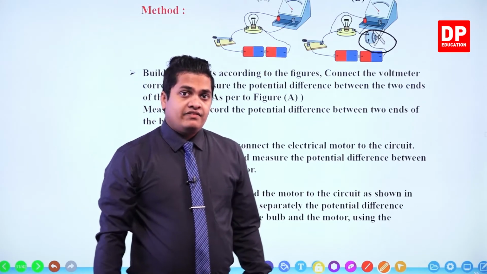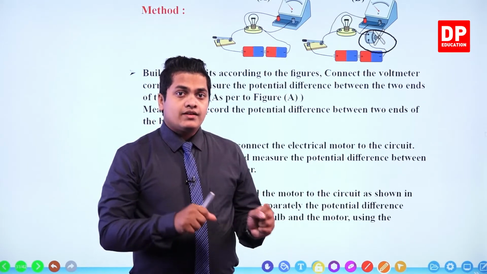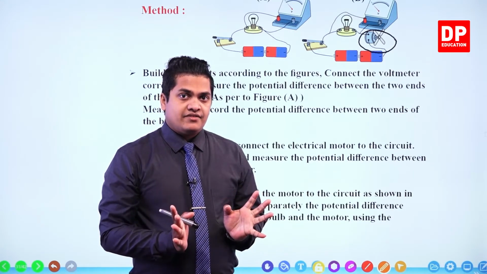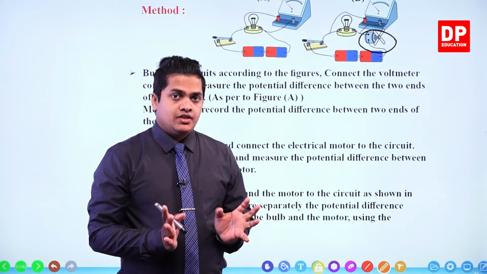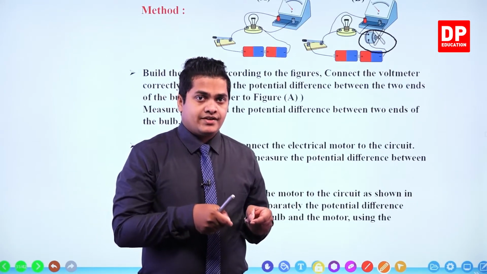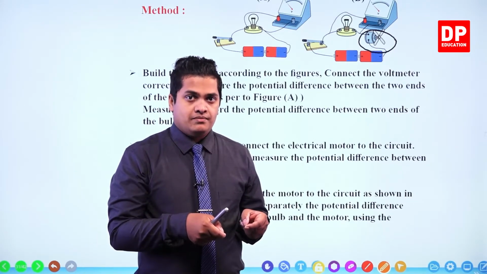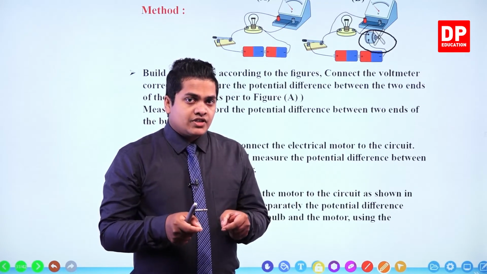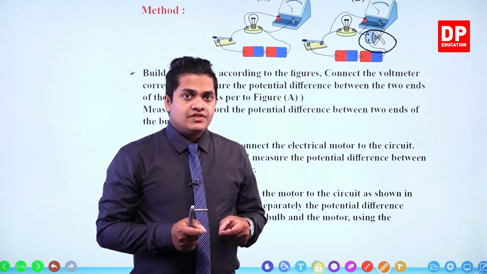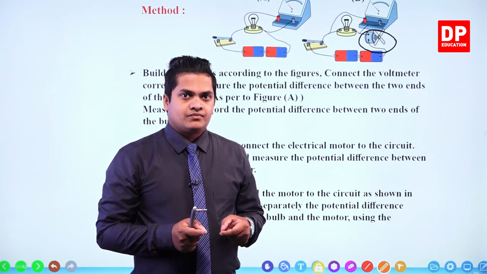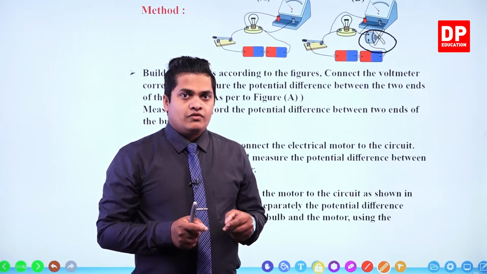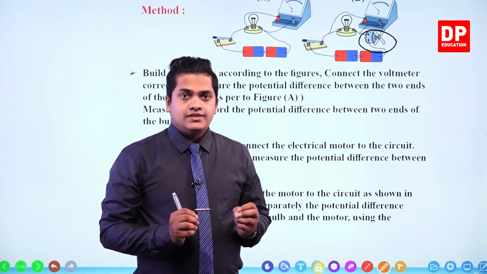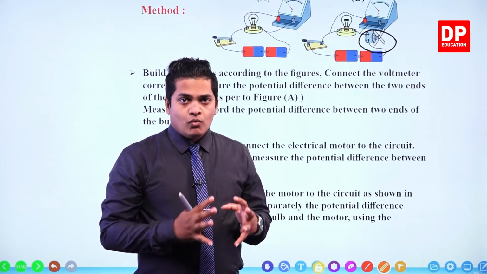So that way we can get several readings. First of all we can measure the potential difference of the electric torch bulb, then after that we can measure the potential difference of the motor. So if you can find a motor, then we can conduct this activity more accurately.